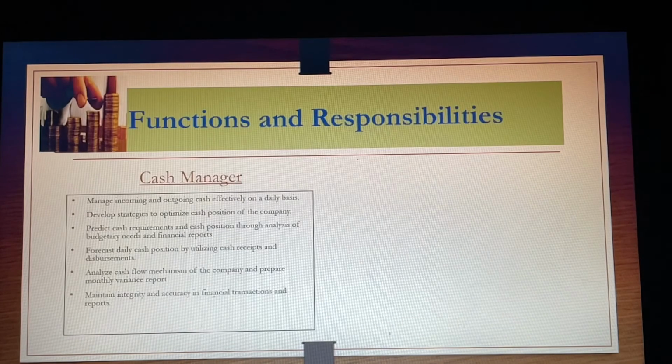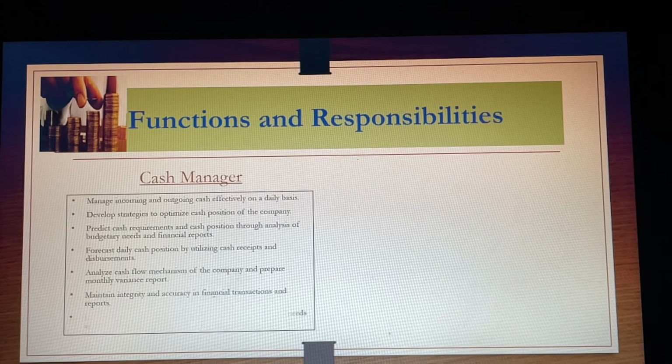So another is the cash manager. When you see the word cash, in the upper left side, you will see the coins about money. So the cash manager is dealing with cash.